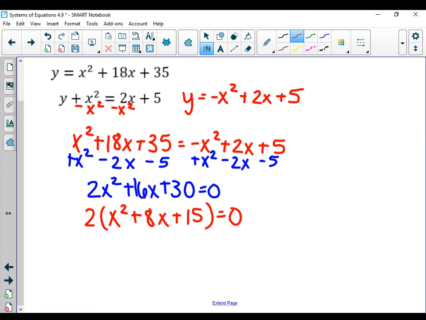So what are 2 numbers that multiply to get 15, but add to get 8? 3 and 5.